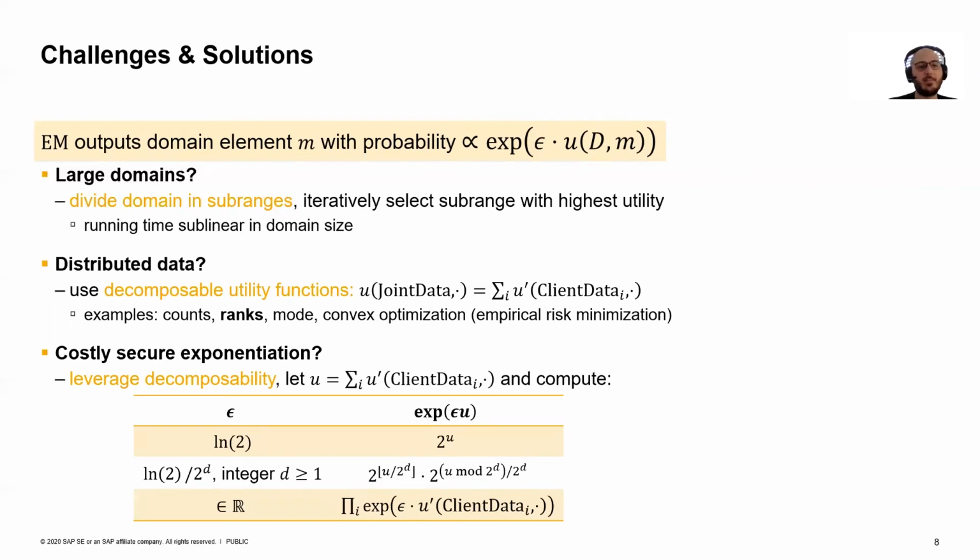In this case, we set U to be the utility of the already combined values and compute the exponential function for different epsilons. If we set epsilon to be ln of 2, we can simply compute 2 to the power of u, which is more efficient than computing an exponential function. And if we want to have a smaller epsilon, ln of 2 divided by 2 to the power of d, recall smaller epsilon means better privacy, we can express it as follows.